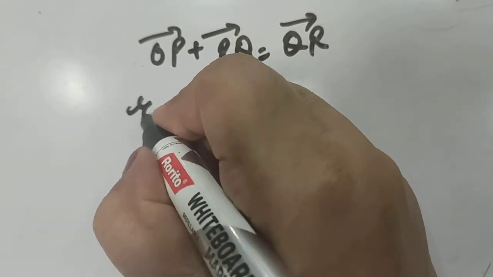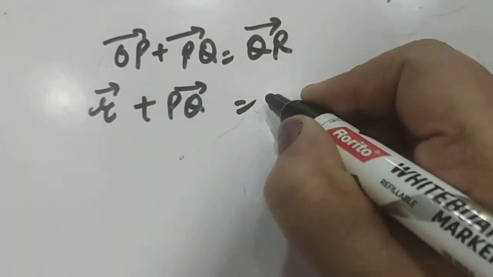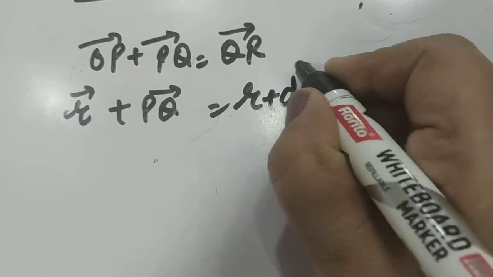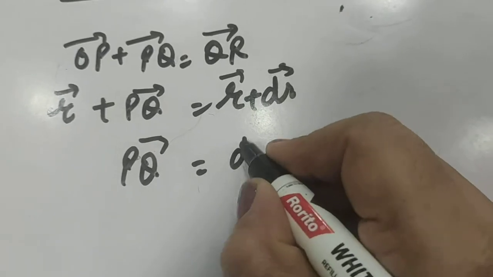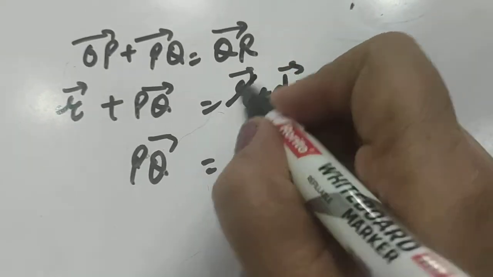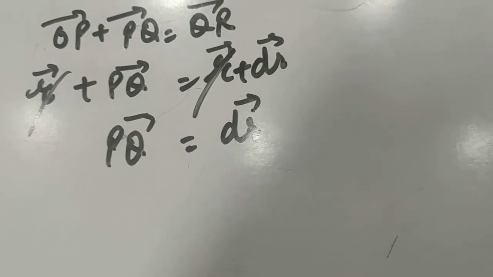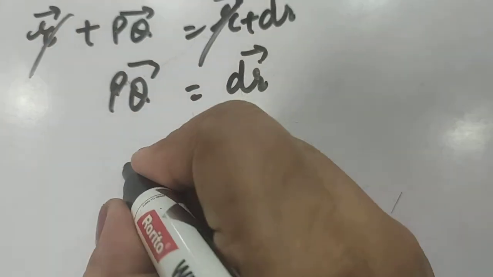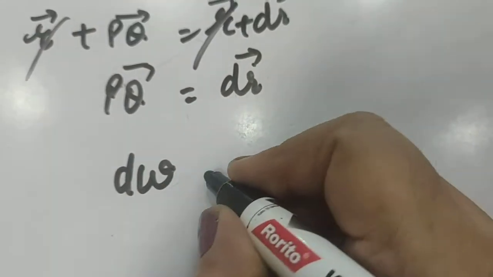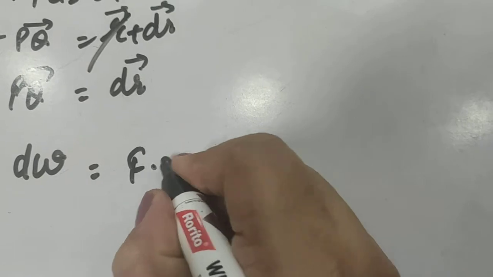OP is r, PQ we need to calculate, and OQ is r plus dr. So r and r cancel out, and PQ is the dr vector. So now let dW be the small amount of work done in taking the body from P to Q, which is F into dr.